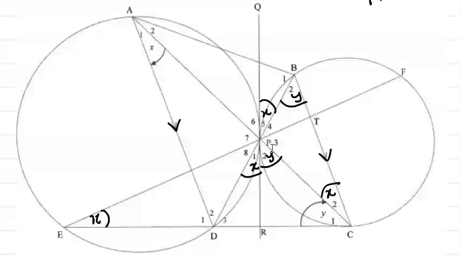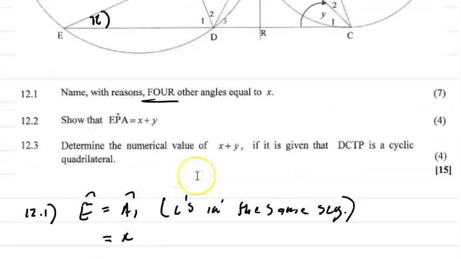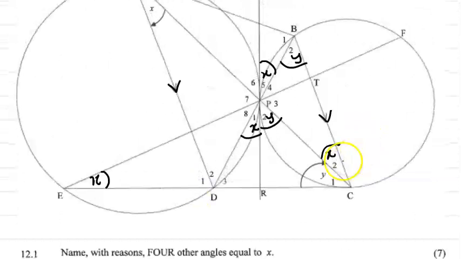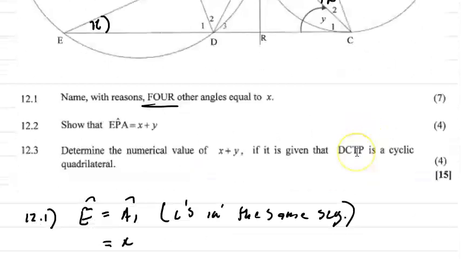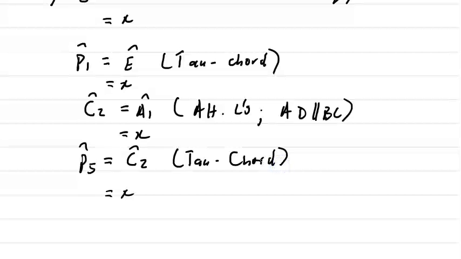And then we've got here P5 is equal to C2 equals to X, tan quad theorem there.